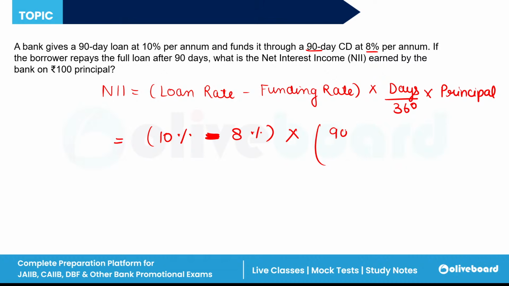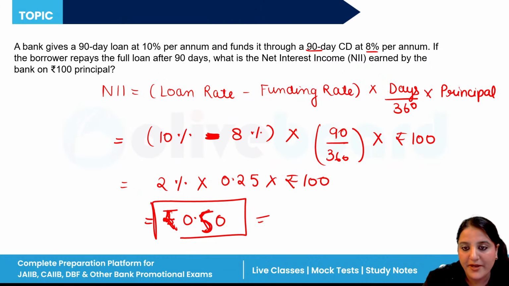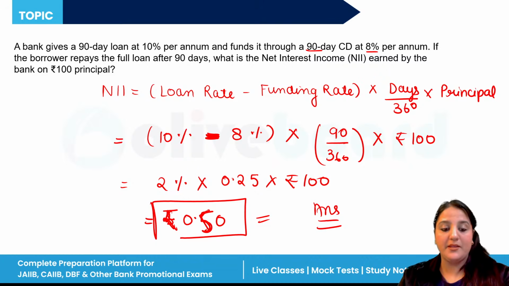Divided by 360. The principal here is rupees 100. So 2%, it is 0.25 multiplied by rupees 100, which is equal to rupees 0.50. So this is the answer here, 0.50. I hope that this is clear. This is the net interest income earned by the bank on rupees 100 principal.